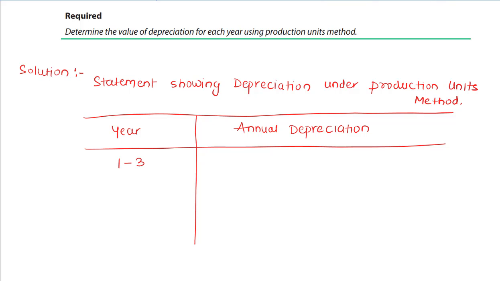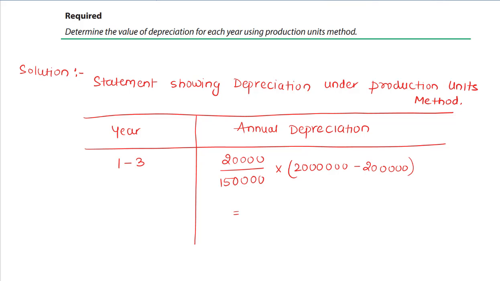Write years 1 to 3. In the first year 20,000 units are produced. The total is 1,50,000 units, multiplied by 20 lakhs minus the scrap value of 2 lakhs.